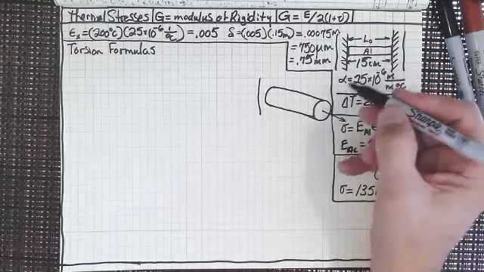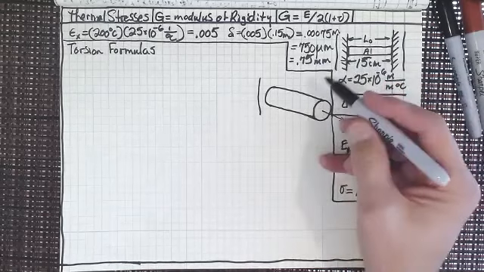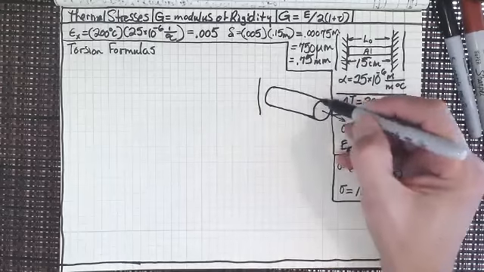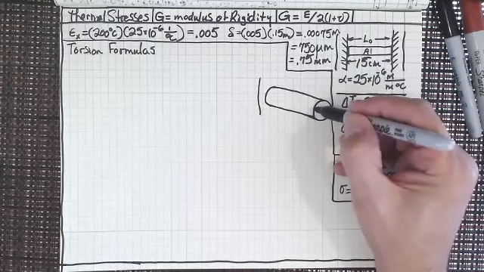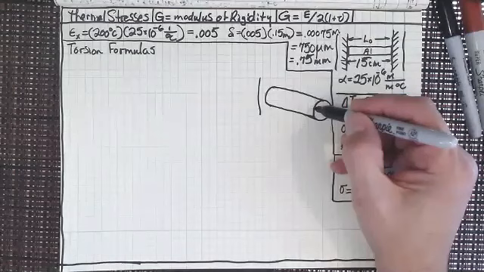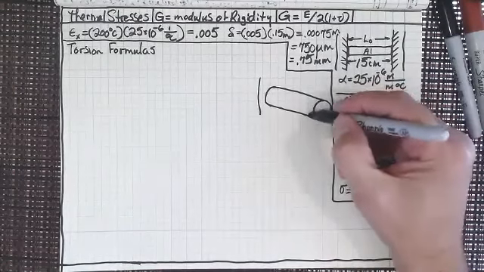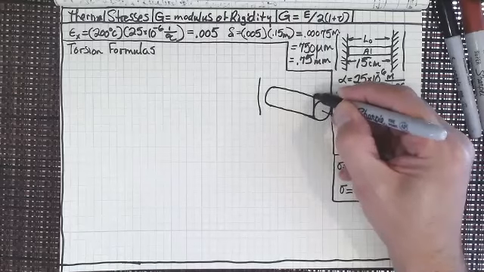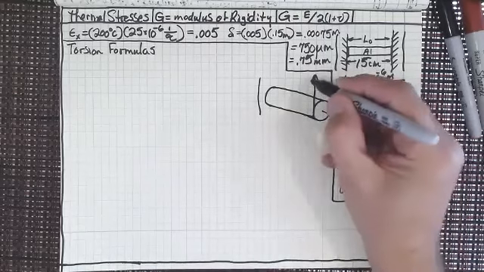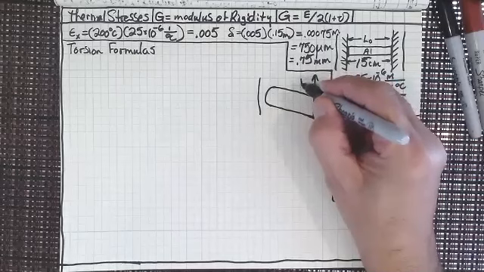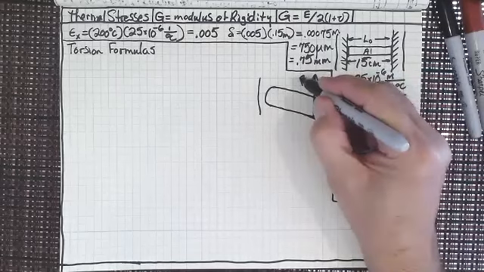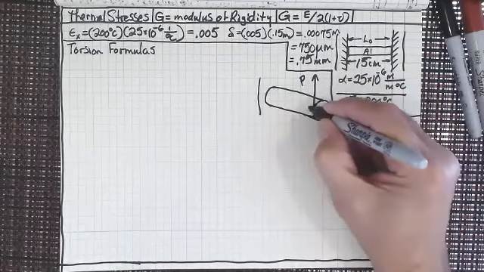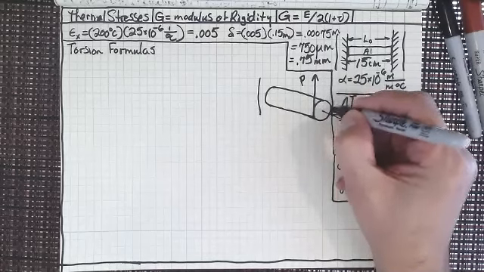Now, here's what I want to do. I'm going to pull up on this. I can do this one of two ways. I'll do it this way. We'll rotate clockwise. So I'm going to put a force, and I'm going to call that force P. And that force is going to start to rotate this.